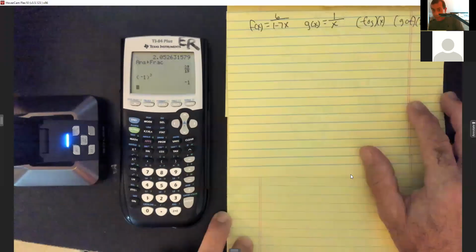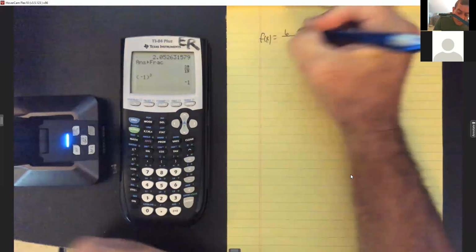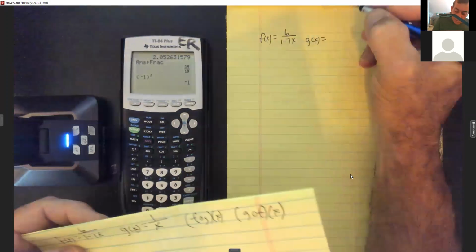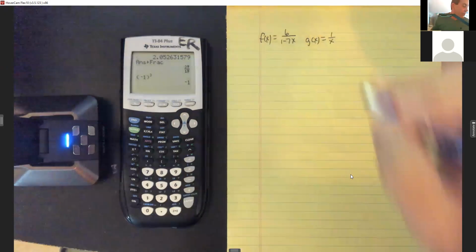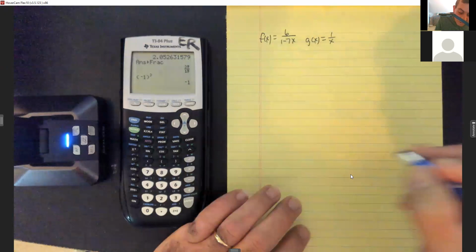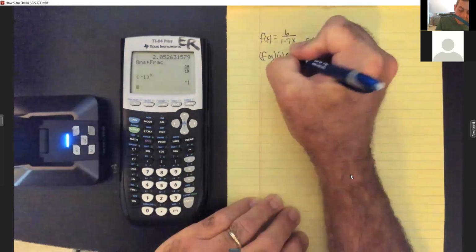All right, so I had f of x is 6. So I'm going to rewrite that. F of x is 6 divided by 1 minus 7x. And then g of x is 1 over x. So first I'll do f of g of x. So remember, f of g of x is really f of g of x.